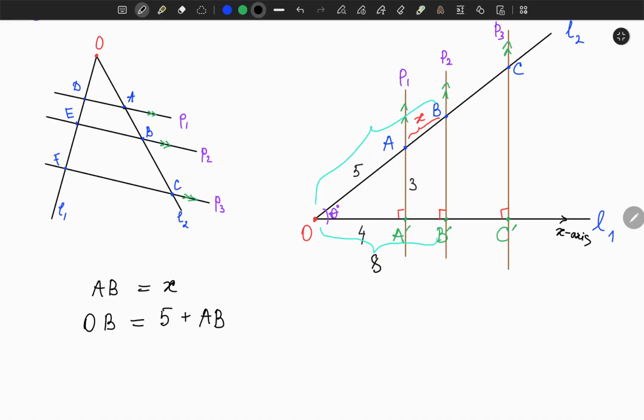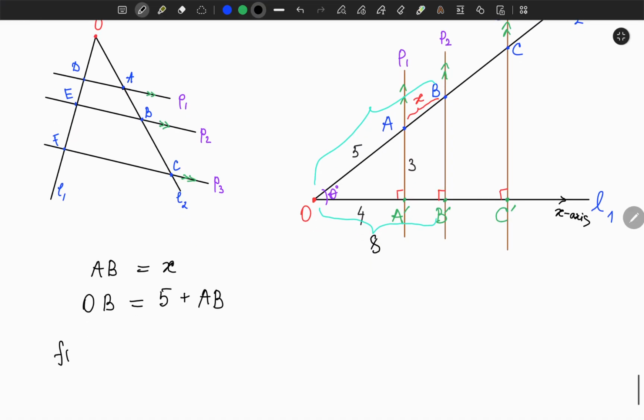From the line segment, now we can say from line segment O A prime, A prime B prime, or O B prime. We can choose any of this ratio. Let's choose, to make it easier, this AB, we're going to choose one of these.